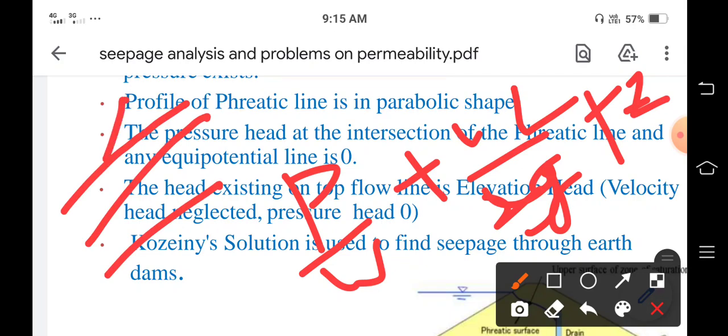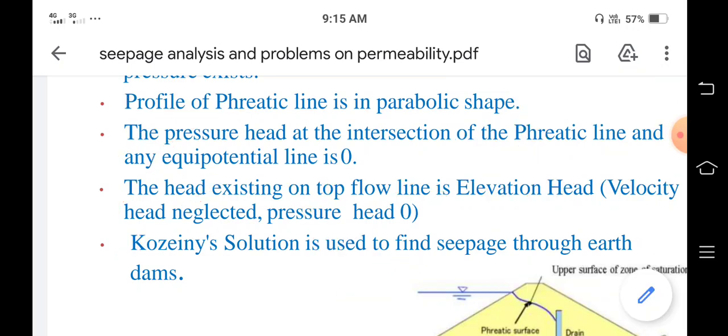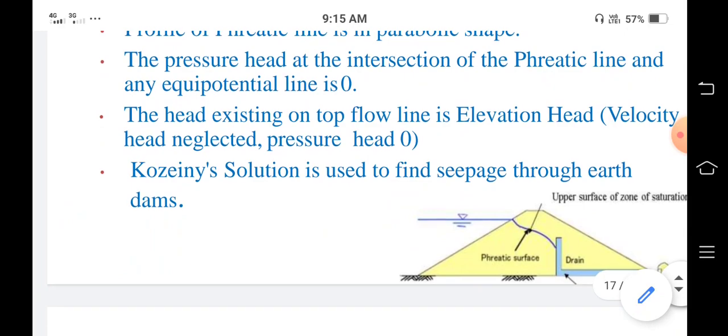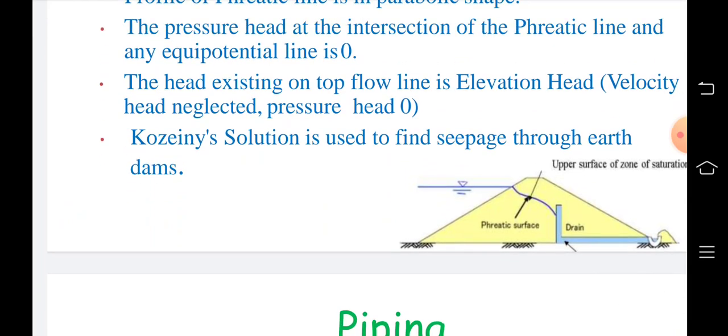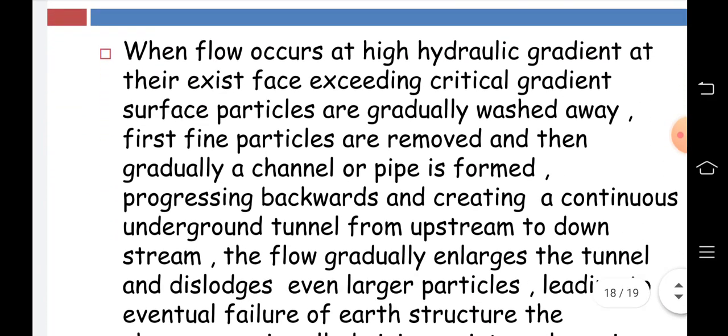In it, only the elevation head exists, that is Z. Z means elevation head, P by W means the pressure head, and V square by 2g means the velocity head. So the velocity head and the pressure head are neglected. Only the elevation head, Z, exists over there. Okay. The Casagrande solution is used to find the seepage through earthen dams.